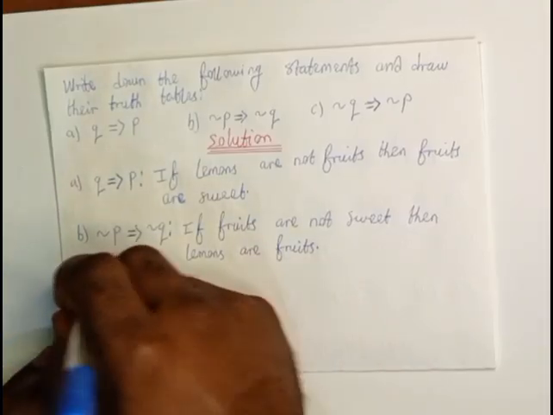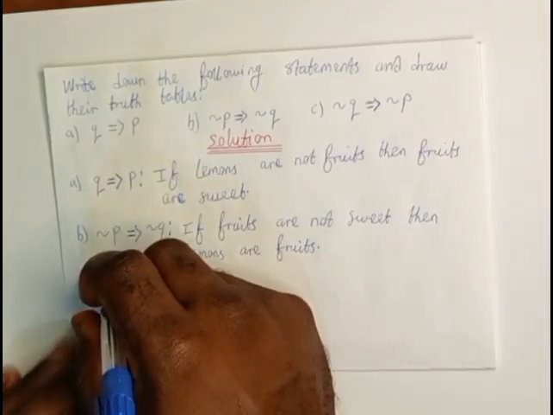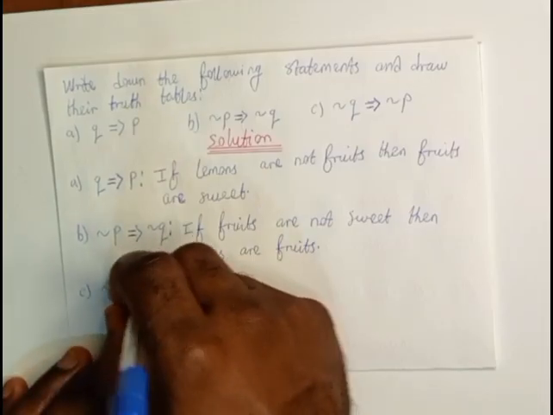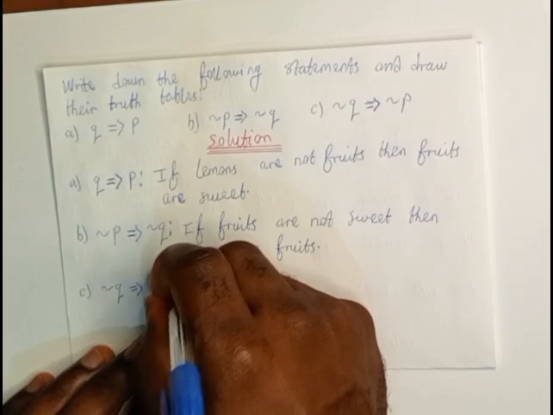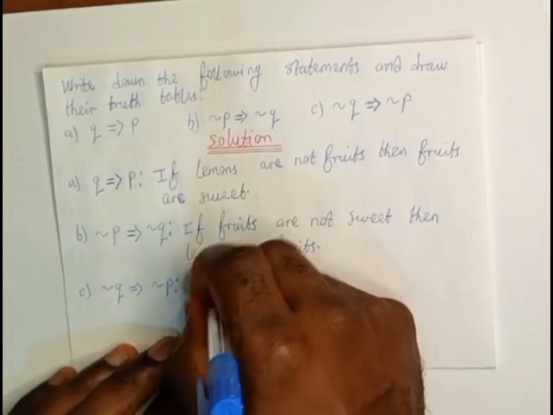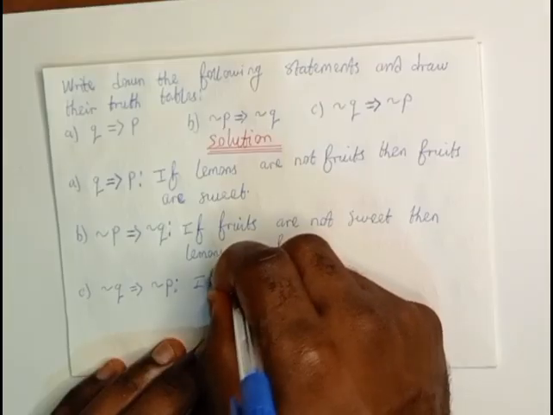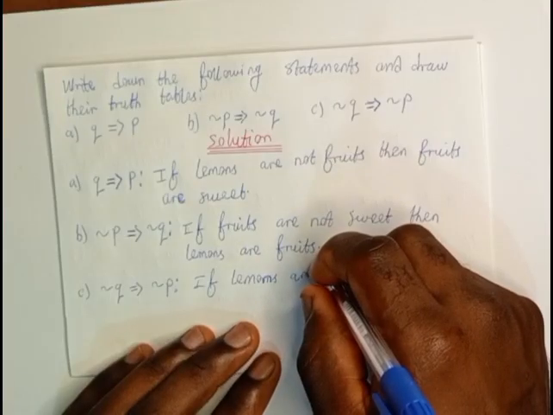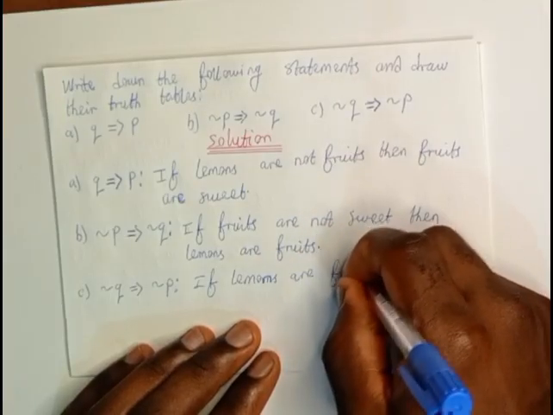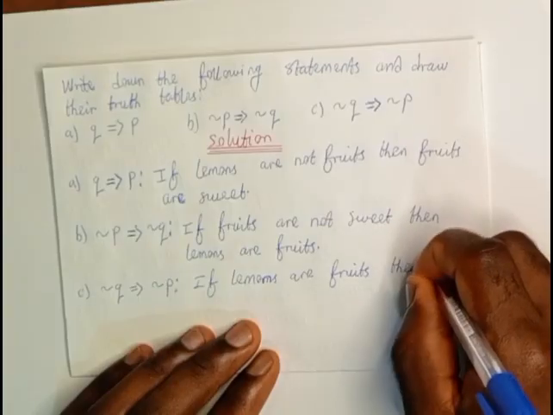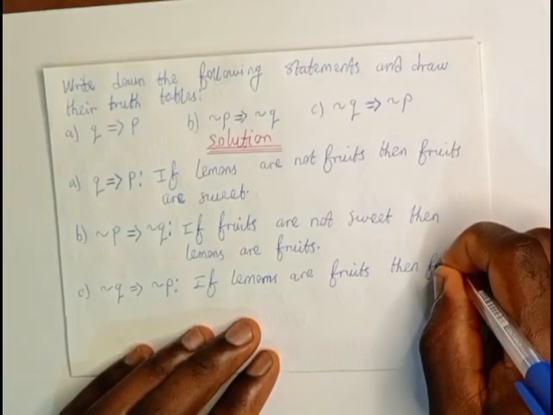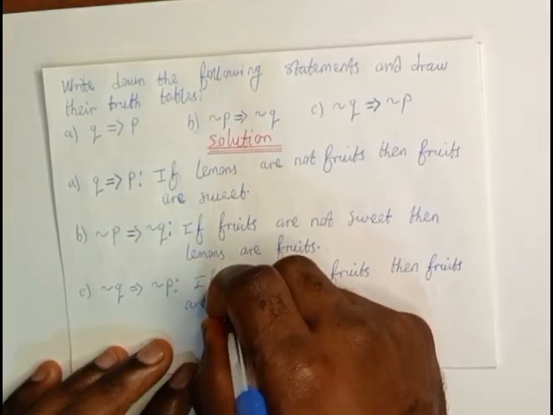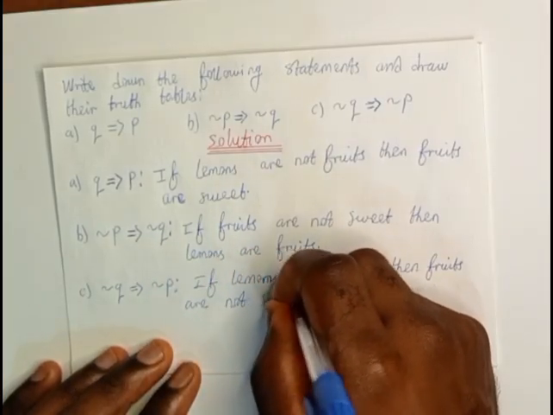We go to C, which is the contrapositive of the two statements. We have not Q implying not P. It is simply: if lemons are fruits, then fruits are not sweet.